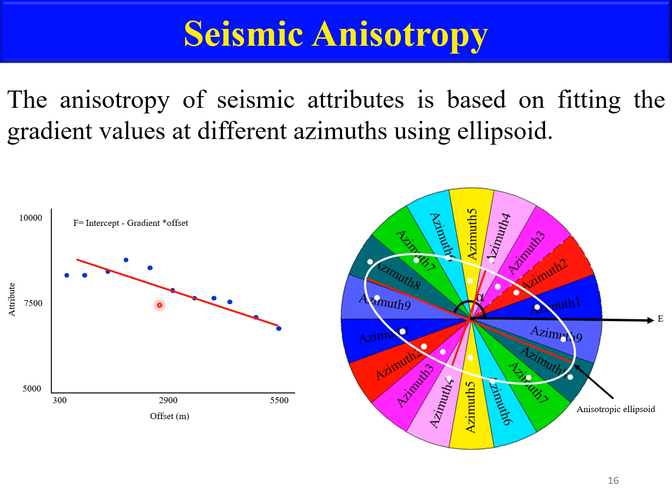After I obtain the gradient for different azimuths, next I use an ellipsoid to fit the gradient. Then I can obtain the azimuth of the ellipsoid.